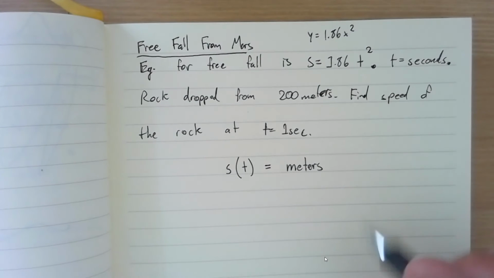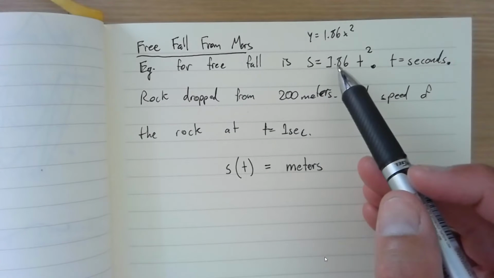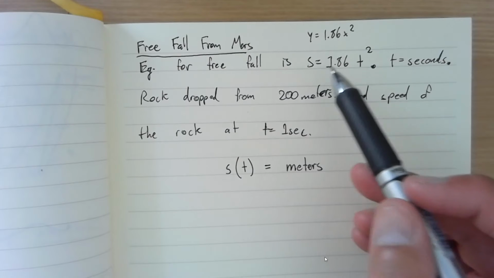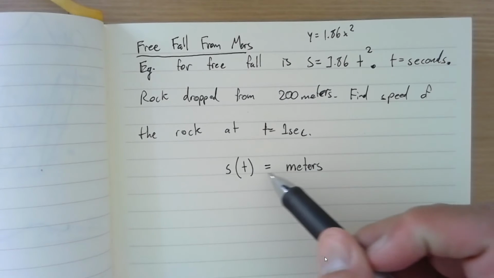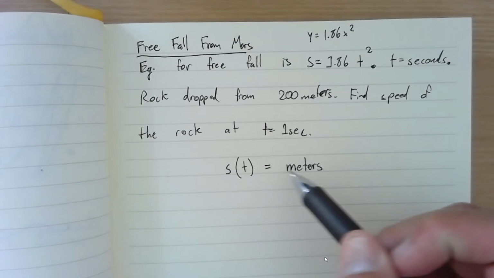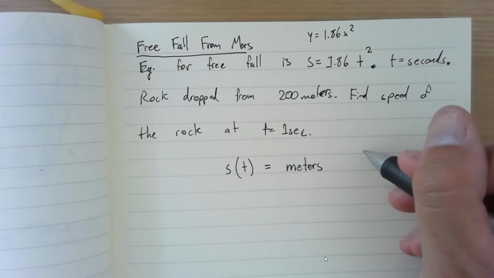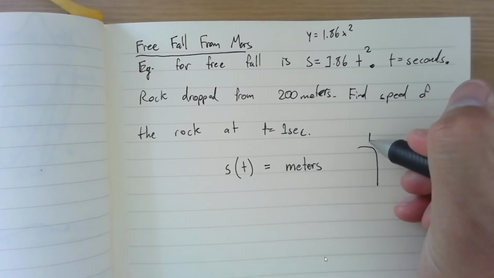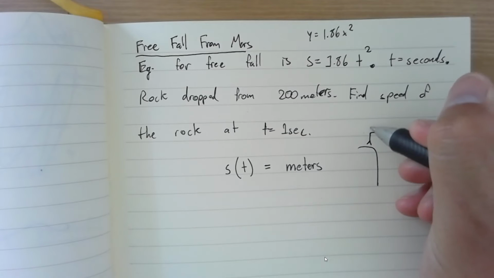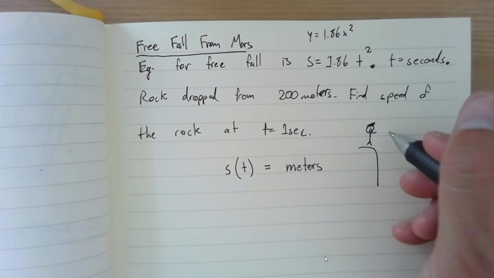So if you plugged in t is equal to 1 second into this equation, it would tell you how high. Let's just say we're on a cliff, and we have a person here, and he drops a rock.